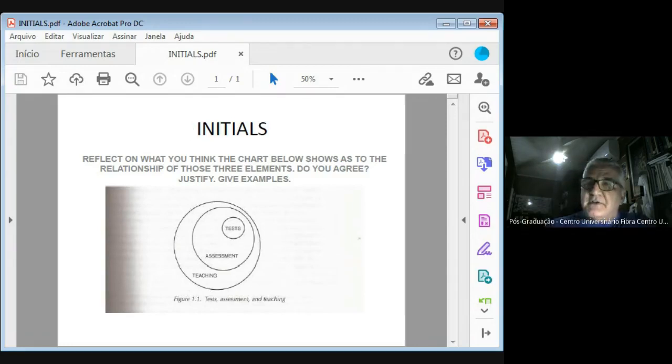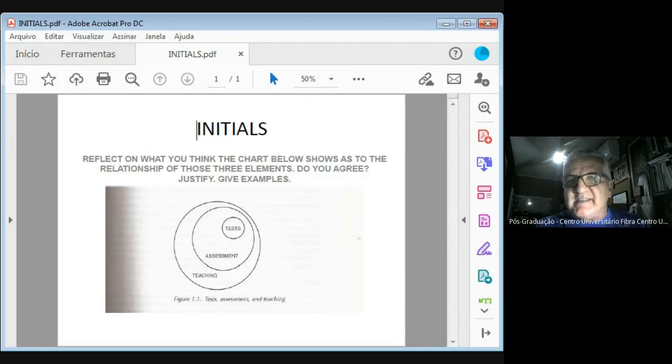One of the materials you have in the platform shows the decision-making cycle, right? And this is exactly what you can see in these circles. So what happens? Why do people confuse assessment and evaluation so frequently?